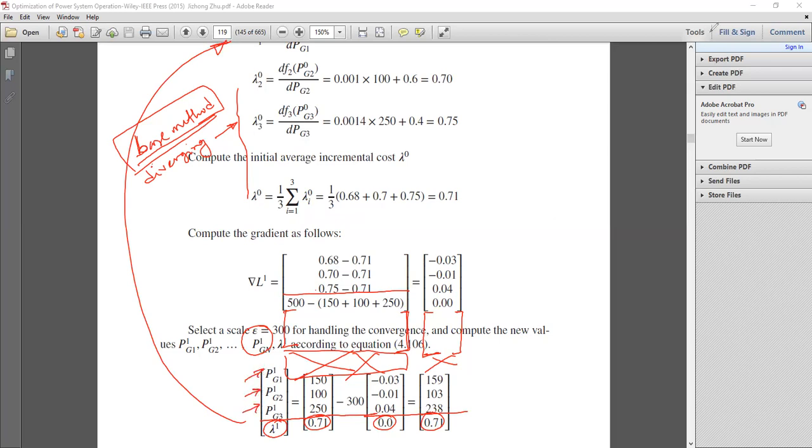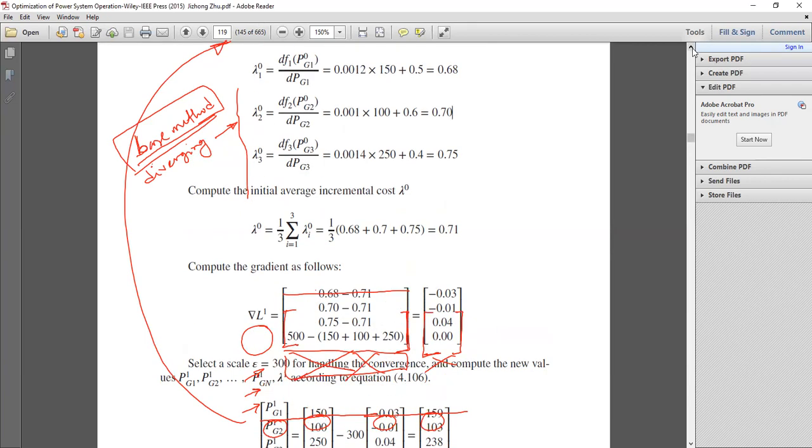So using that updated information of PG1, PG2, and PG3, you just plug in here, not 150. So you update, let's say for example 159, 103, 238. Now this is lambda 1,1, lambda 2,1, lambda 3,1.